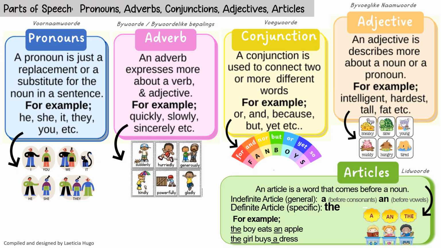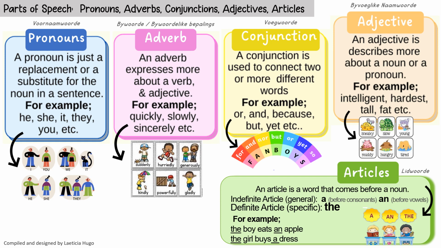So next we're going to have a look at, apart from nouns, other parts of speech: the pronouns, adverbs, conjunctions, adjectives, and articles. In the blue block, you will see pronouns. Now, pronouns in Afrikaans is voornaamwoorde.